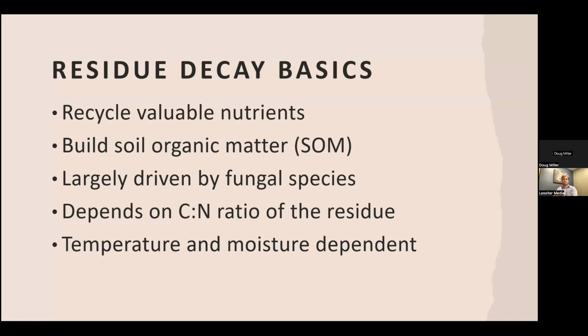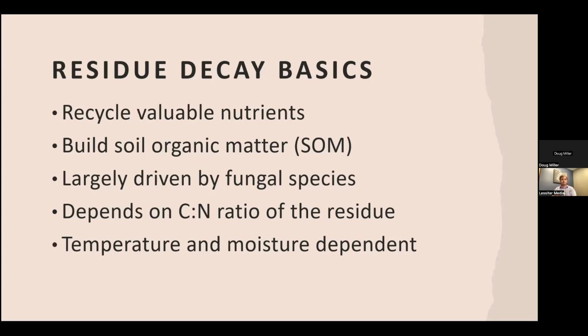The difference between fungus and bacteria is that if you do something to harm the bacteria, they can usually regrow those colonies within a matter of weeks, but the fungal species are slower to regenerate and often take months to regrow. And consequently, anything that hampers those guys is going to slow down residue decay.